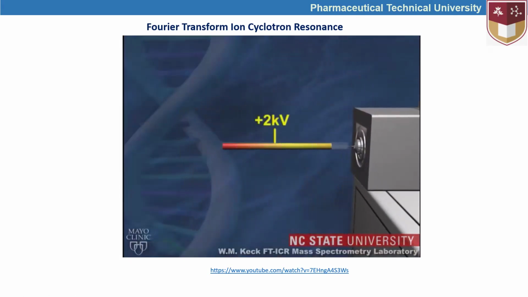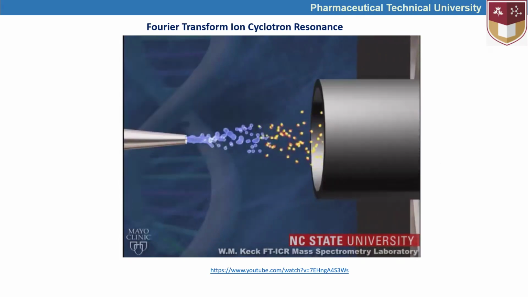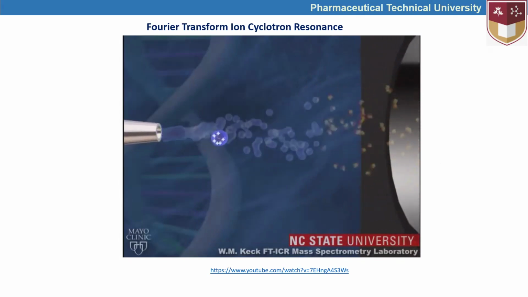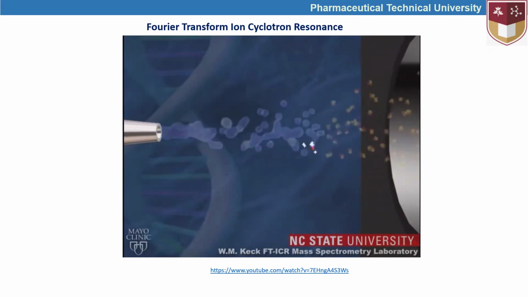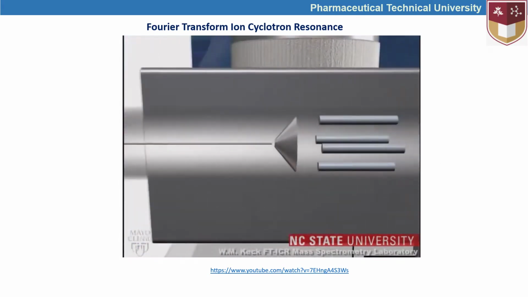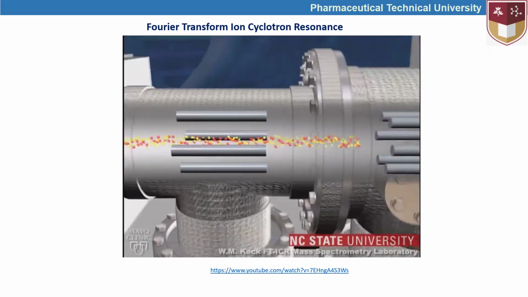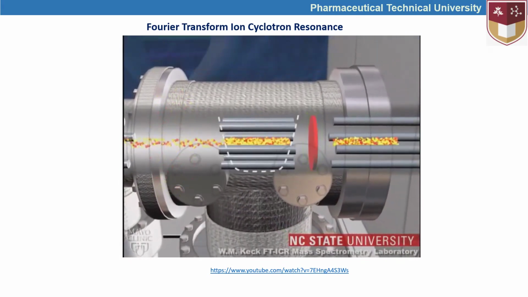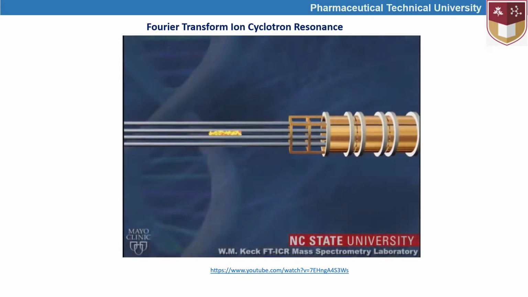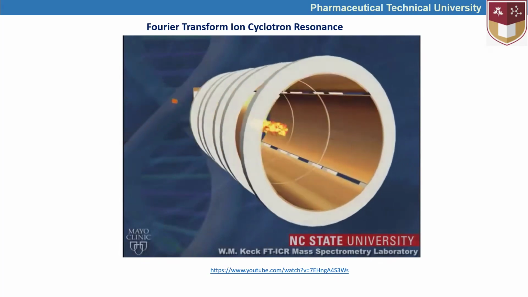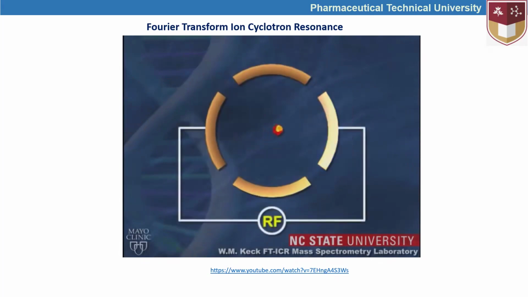It was not provided with the sound. Here we can see the process where the electrospray ionization happens. Here we can see the triple quadrupole process. Here the selection is provided. And inside this orbitrap, we can see radio frequencies.